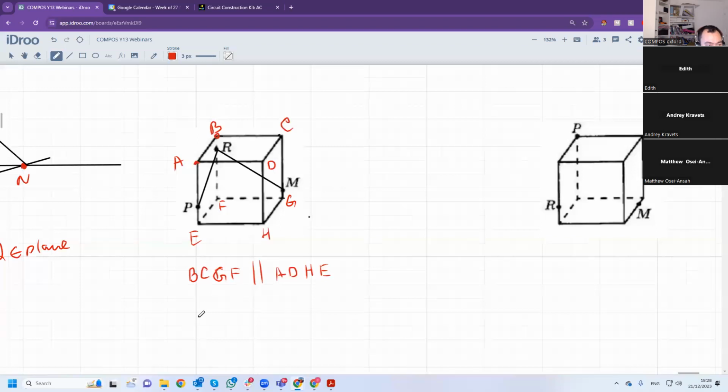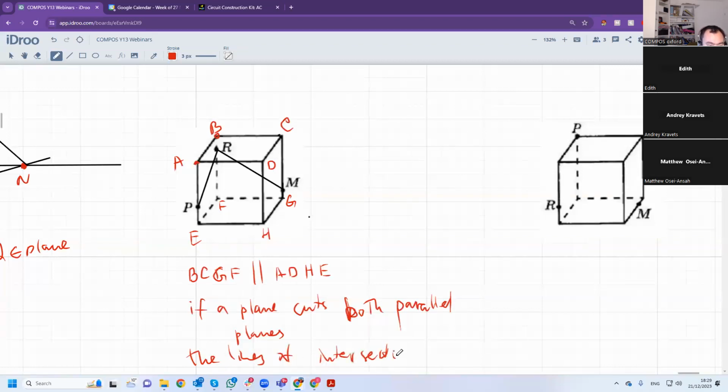Therefore, if a plane cuts both parallel planes, the lines of intersection are parallel. This makes sense if you think about it.